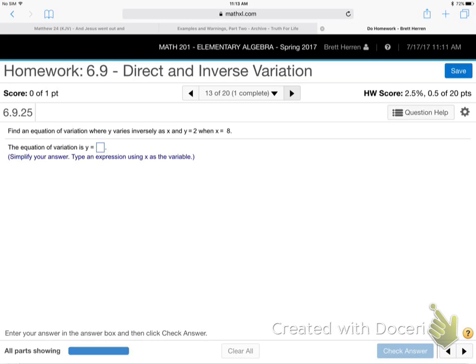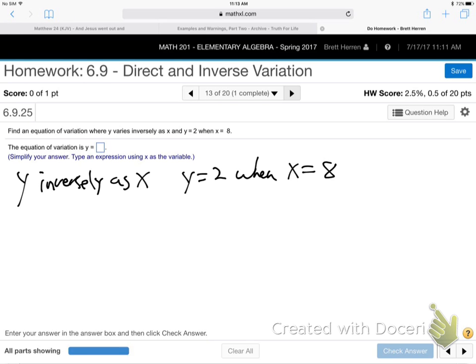Okay, so there they go again. Inversely. Y varies inversely as x. Y is 2 when x is 8.